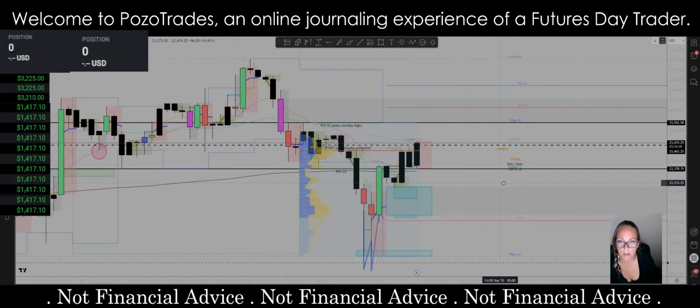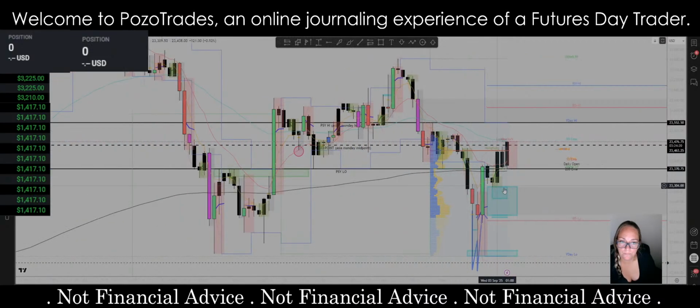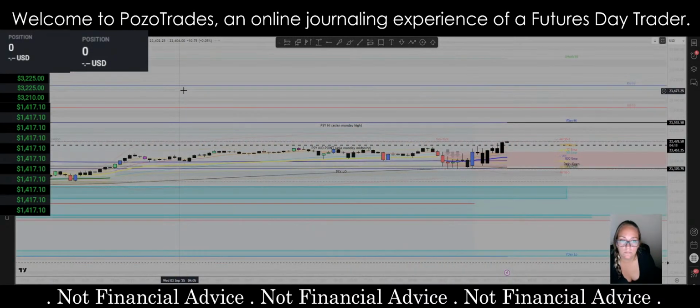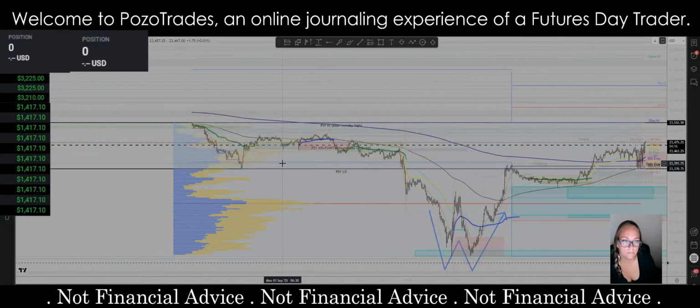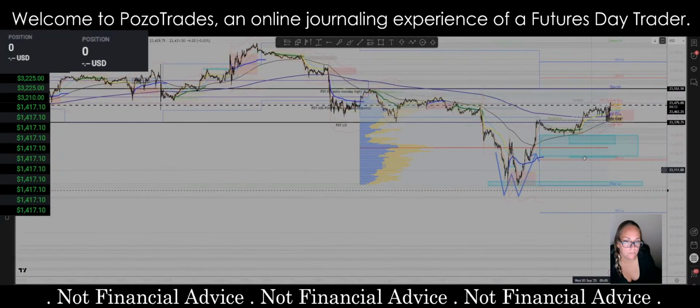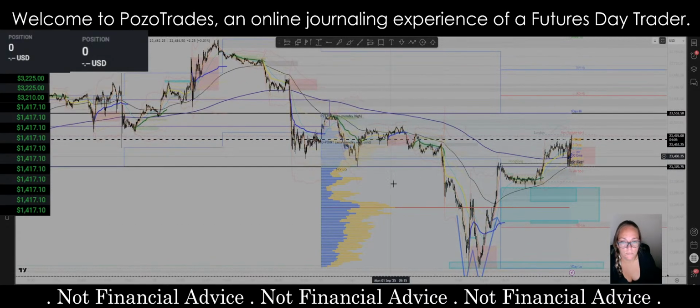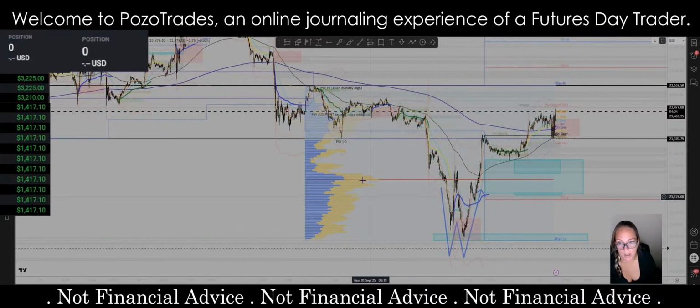So for the week, 4401 is the point of control. So actually we built enough yesterday that this looks good to continue going up.